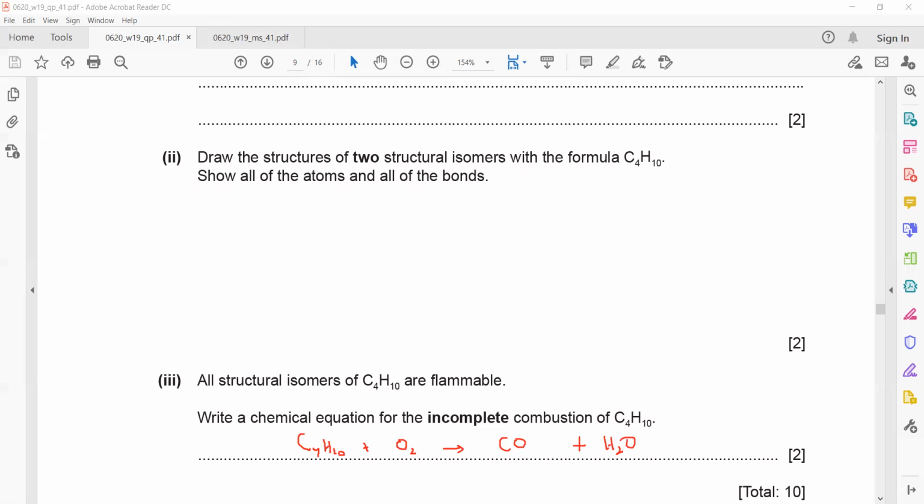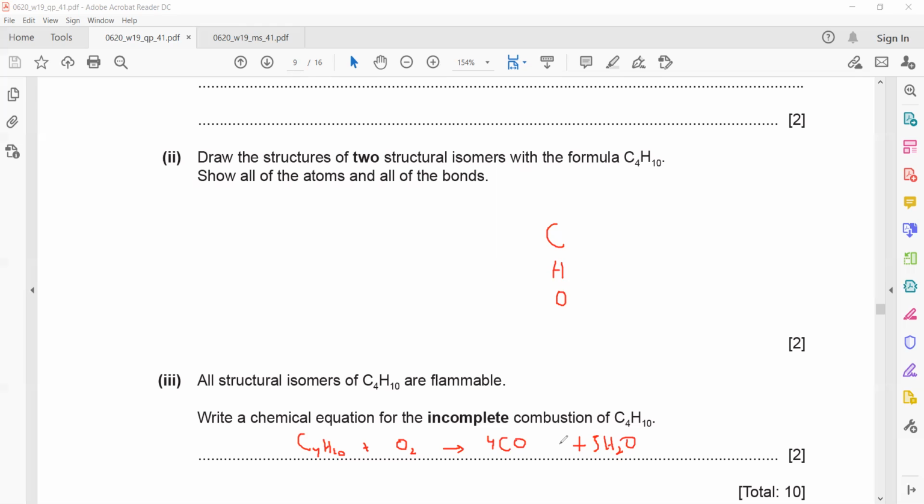For 4 are there, so I will put 4. Carbon is balanced. For hydrogen, 10. Because for a combustion equation, carbon, hydrogen, and oxygen will be there. So 4 carbon, for hydrogen 10, so we put 5.